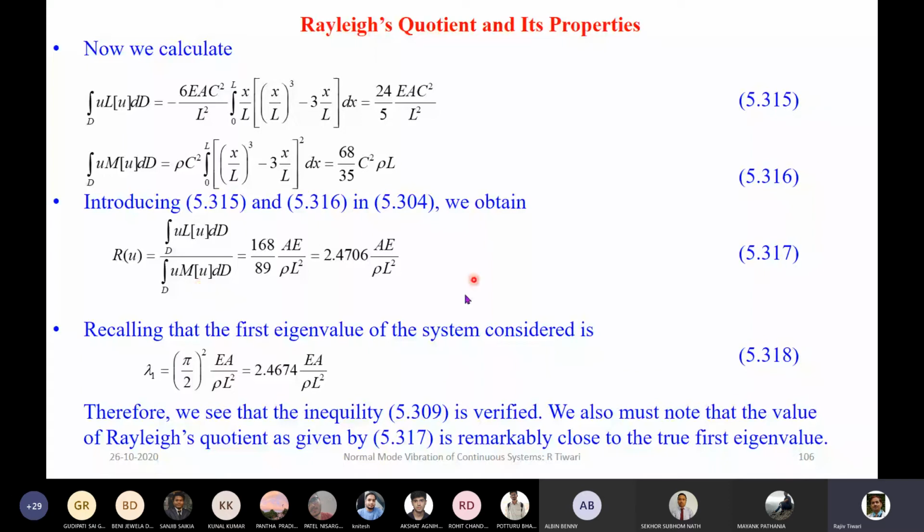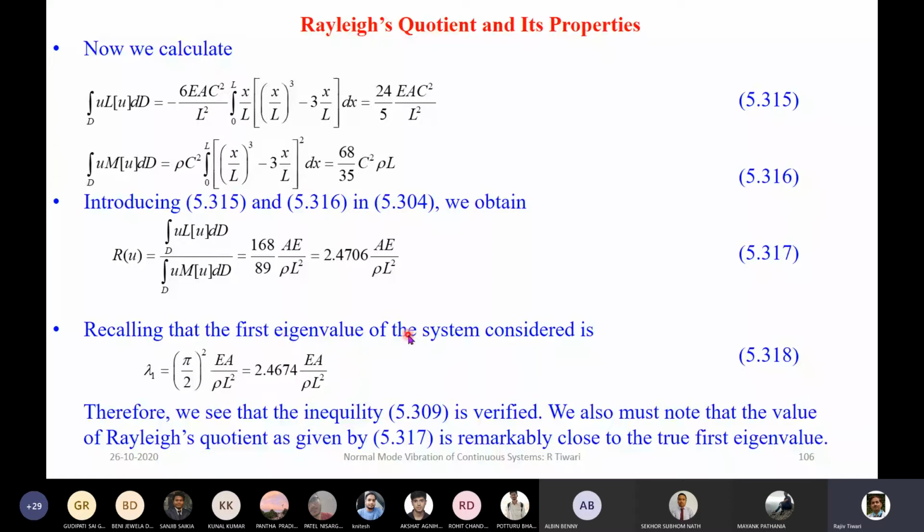You can see that we could predict a quite close value using the Rayleigh's quotient if the comparison function satisfies both the boundary conditions of the problem.